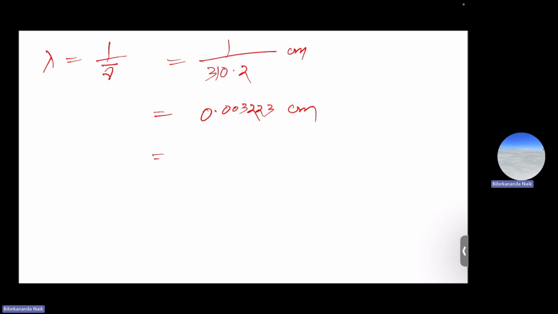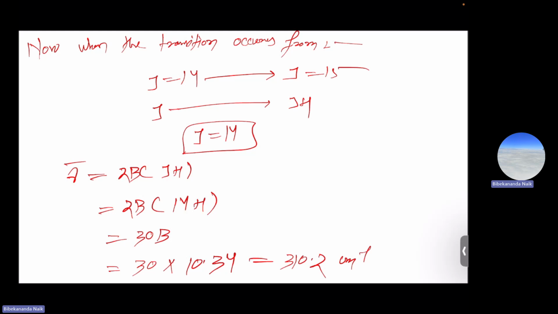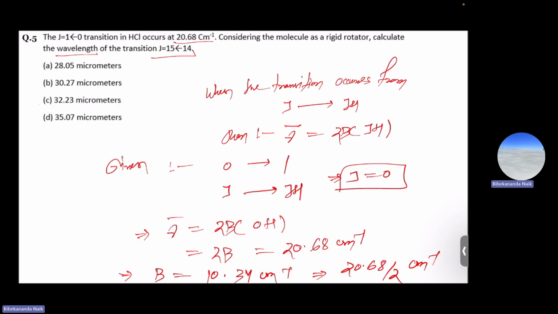So we need to multiply by 10 to the power 4 here. So it will be 32.23 micrometer. So the correct answer is 32.23 micrometer, that is option C.